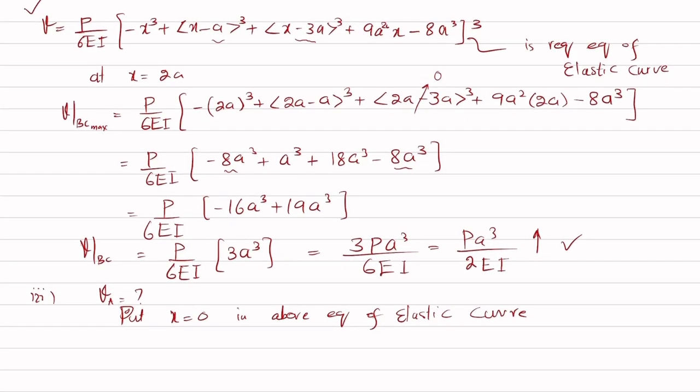So you will have deflection at point A equal to P over EI. This term will be 0 because x is equal to 0. This will also be 0 because minus a in Macaulay bracket is 0.